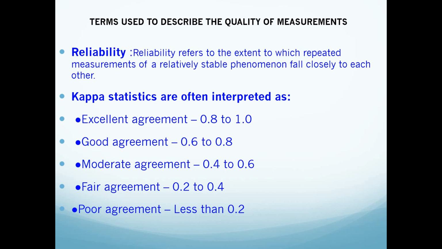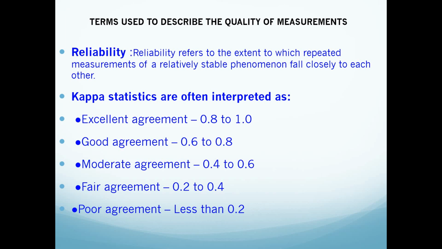It doesn't matter if you did this test in the Eastern Province, in the West, in the South, or in the North, the result will be the same. So this is a reliable test. Reliability of the test is telling you no matter how much you repeat this test with different people, the results will fall within a narrow range of difference.